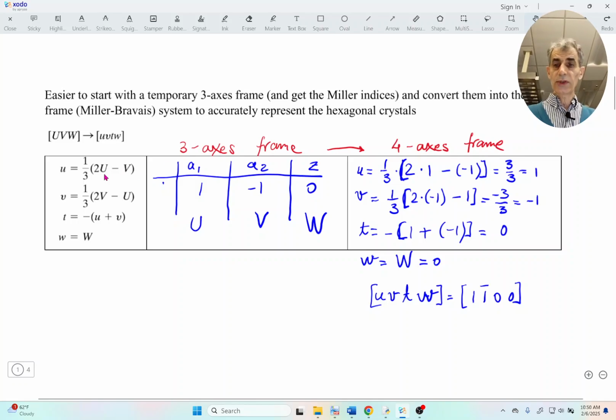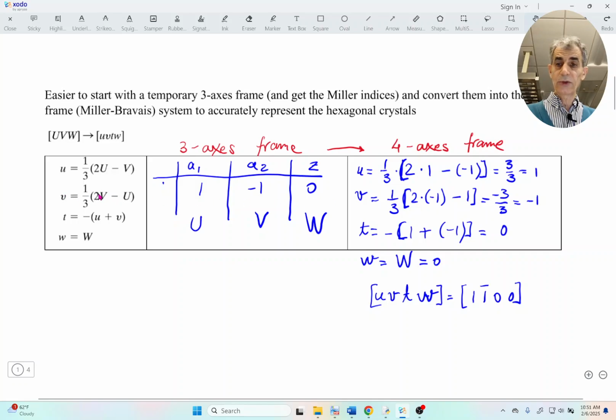Now we use these relationships, and we can see it's easy math. We have 1/3 times (2 times capital U, which we said is 1, minus the -1 there). When we solve, we get 3 divided by 3, and reducing the fraction we get 1. Similar thing we do for V.